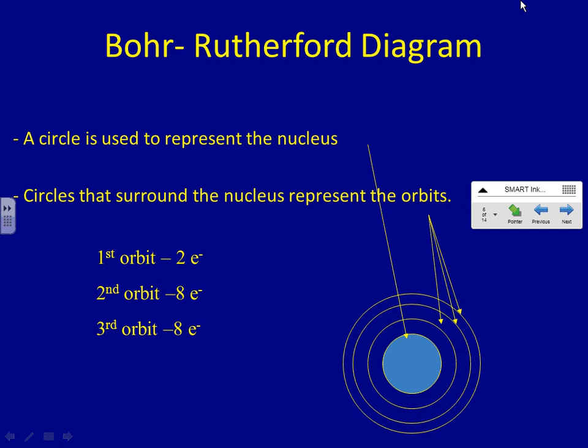I like the fact that they included Rutherford's name, because I think he's the more significant scientist in this particular discovery. Discovering the nucleus was huge in the study of the atom. Bohr's contribution was exactly how to distribute the electrons in orbit.